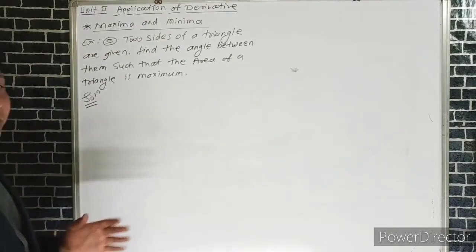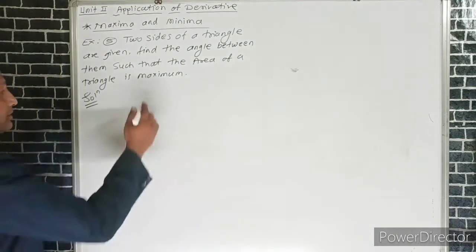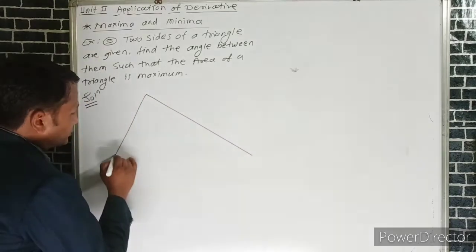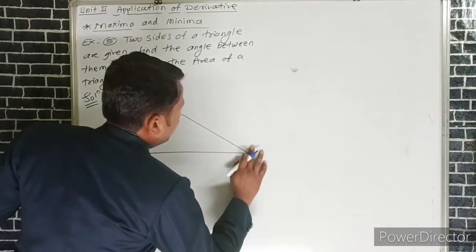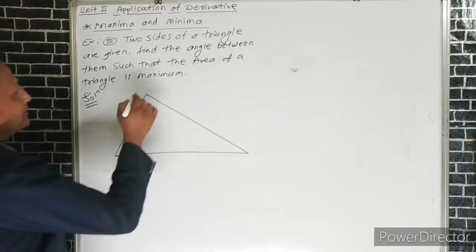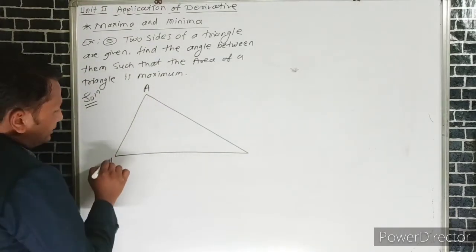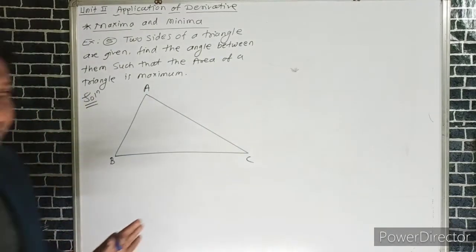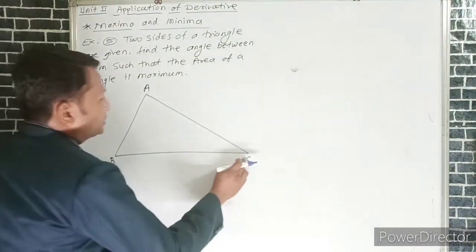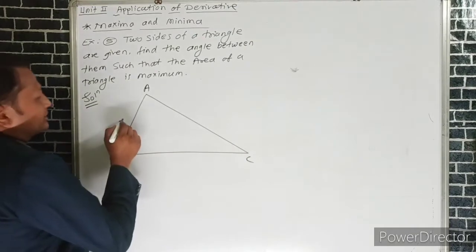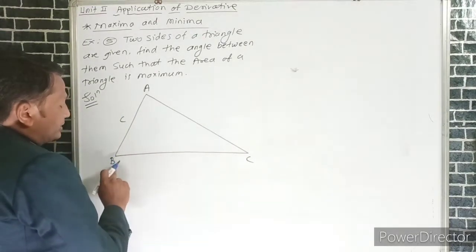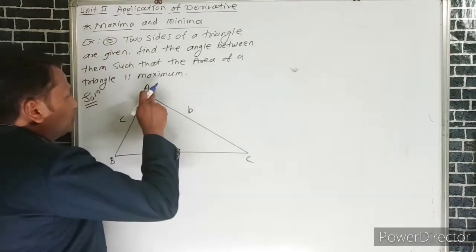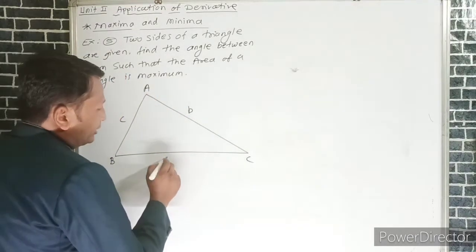So here, let ABC be any triangle. The side opposite to angle C is c, the side opposite to angle B is b, and the side opposite to angle A is a.